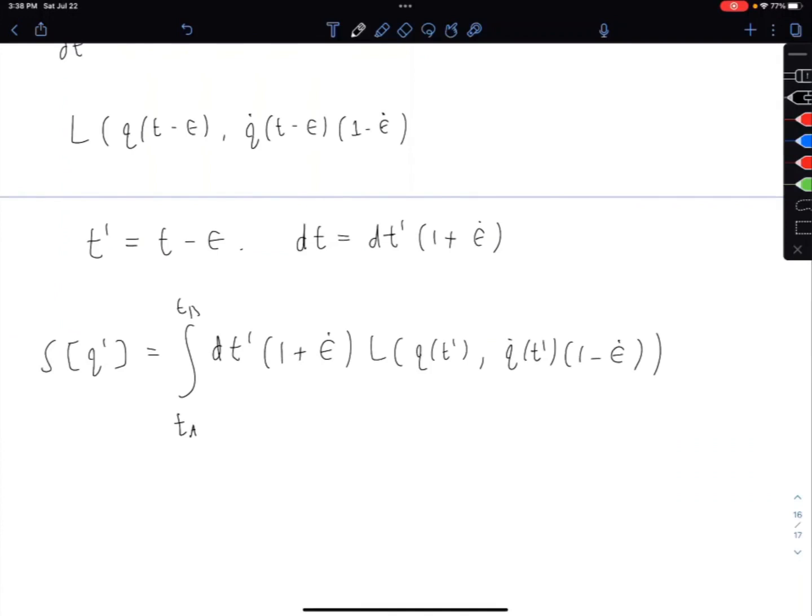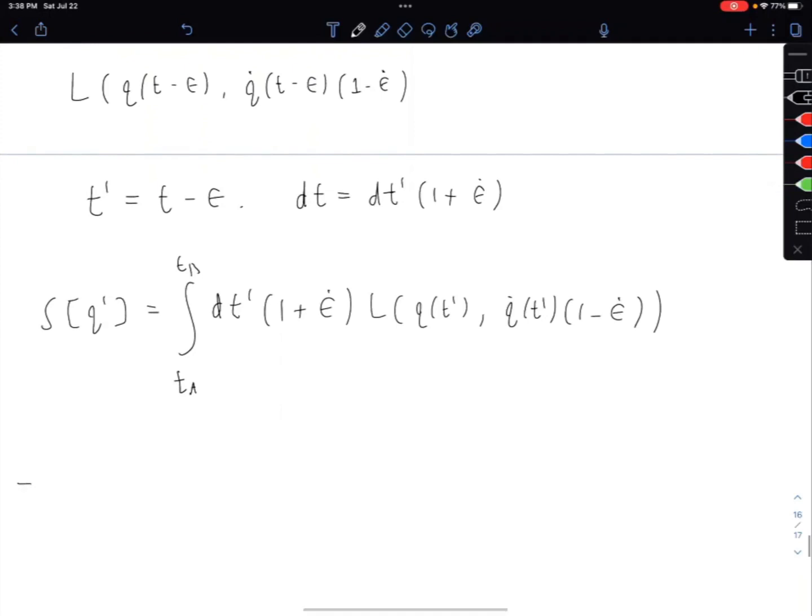Okay, and now I can expand this. Are there any questions so far? Okay, it doesn't look like there are any questions. So now let's just keep expanding. I'm going to relabel t prime as just t, since it's a dummy variable.